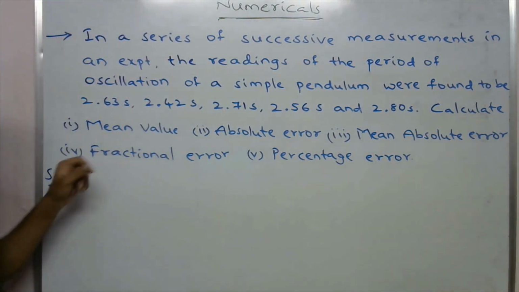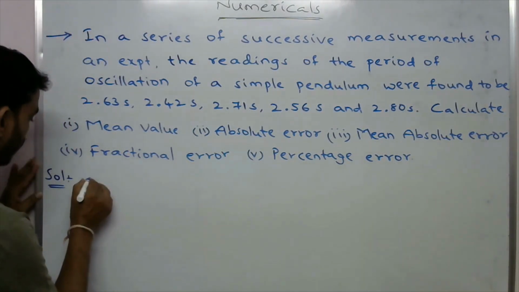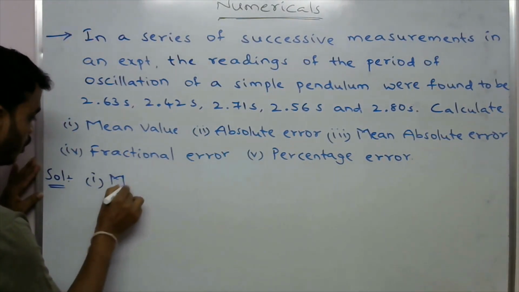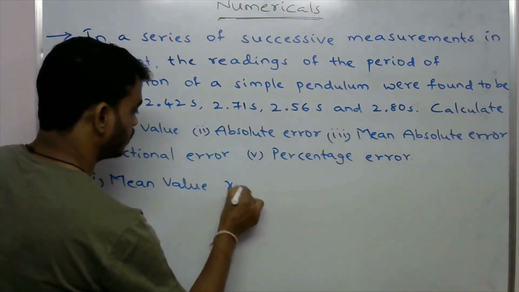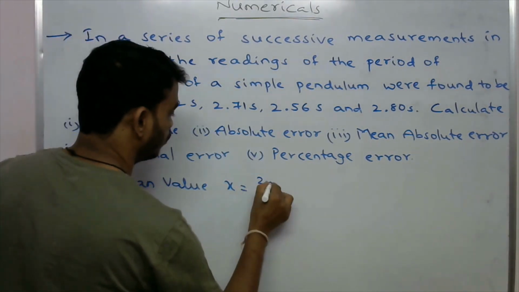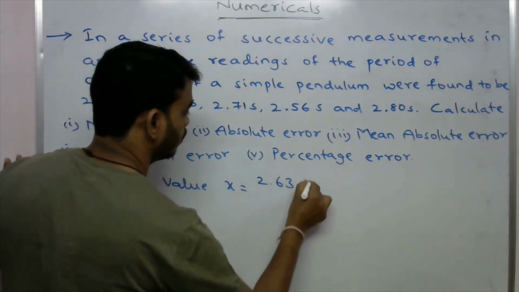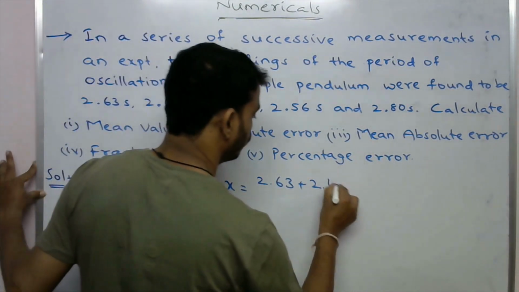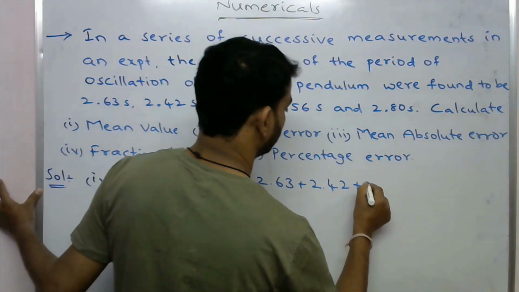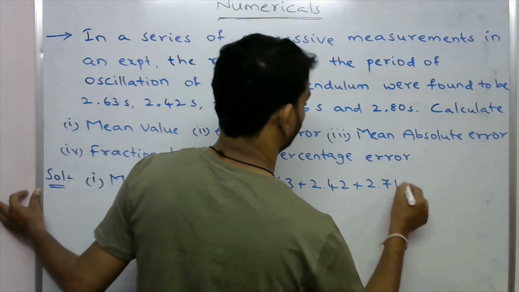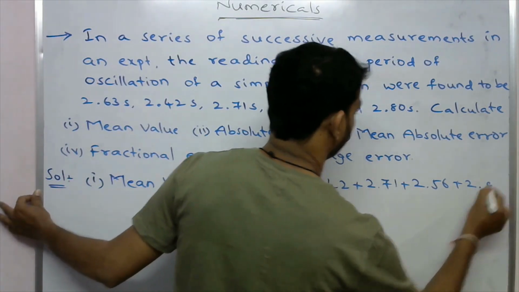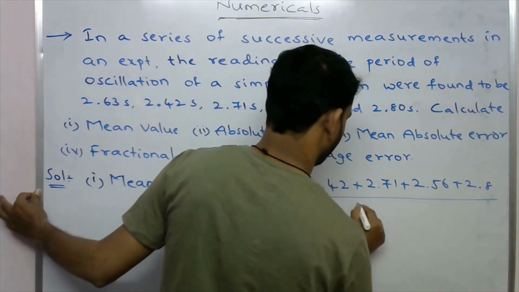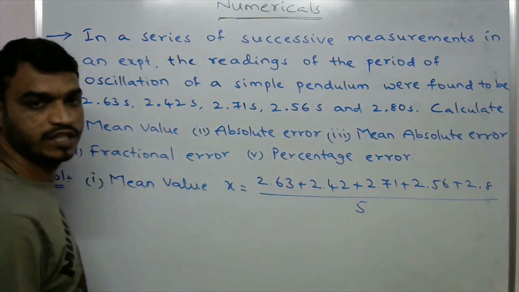So the first one is mean value. Mean value x is equal to 2.63 plus 2.42 plus 2.71 plus 2.56 plus 2.8, divided by 5, the number of measured values.